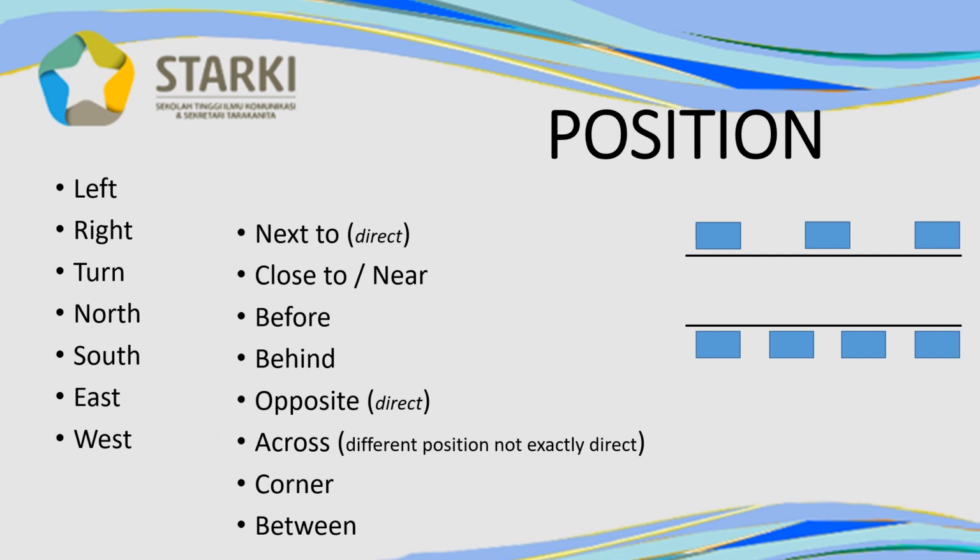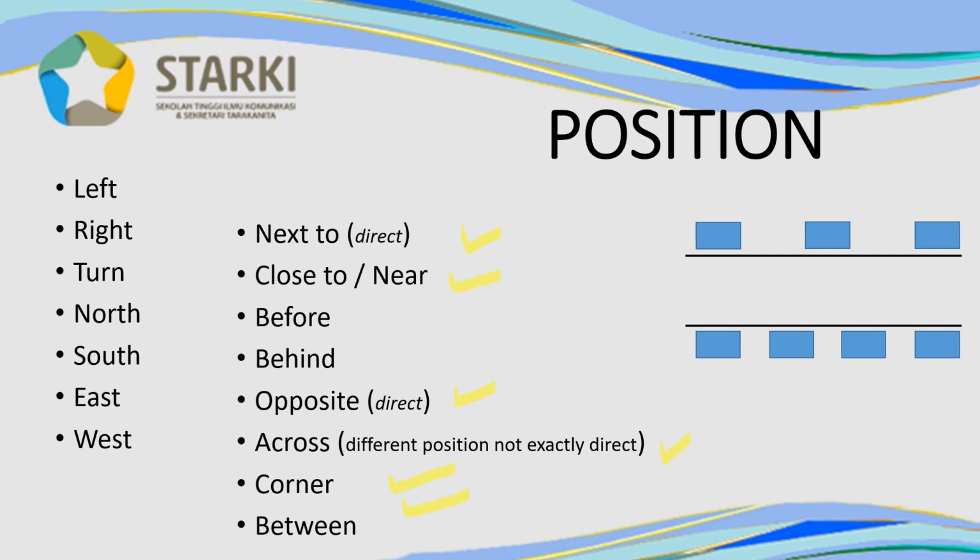And next to, close to, before, behind, I'm sure that you know the meaning. And then opposite, across, corner, and between. If you are not sure about the meaning of each, I'm going to give you a little explanation.